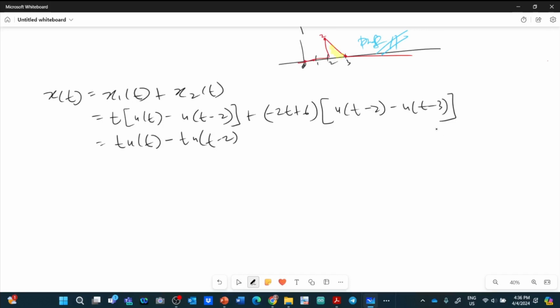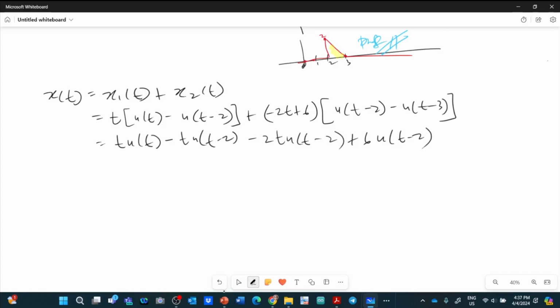Minus 2t u(t minus 2) plus 2, plus t minus 2, plus 6 u(t minus 2).